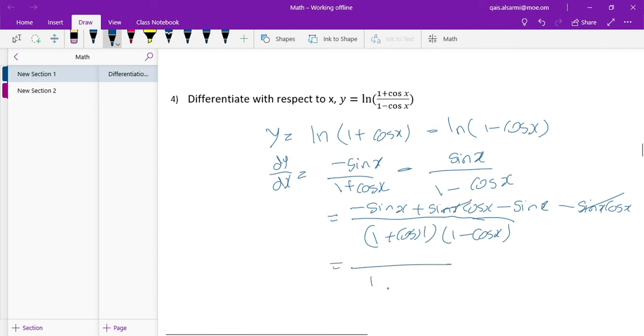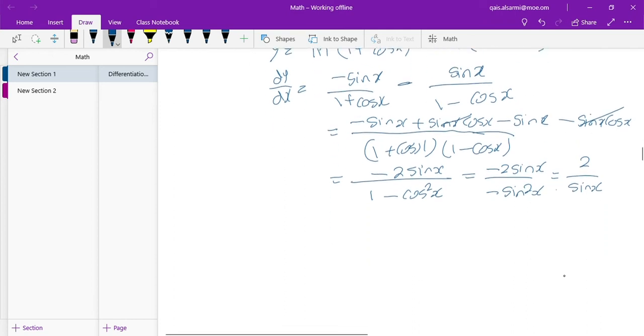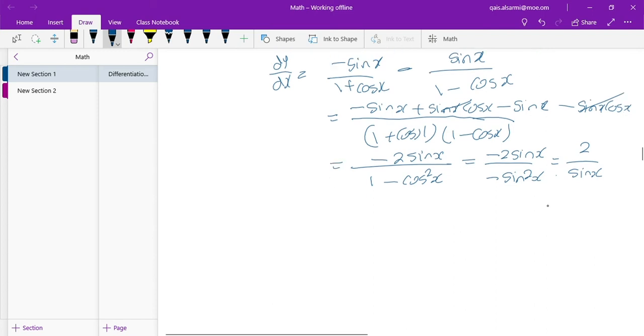Here 1 minus cosine squared, here negative 2 sine x. 1 minus cosine squared leads to negative sine squared, and here negative 2 sine x. Negative cancels with negative, sine with power, so remains 2 over sine x or 2 cosec x. Okay? Next question.